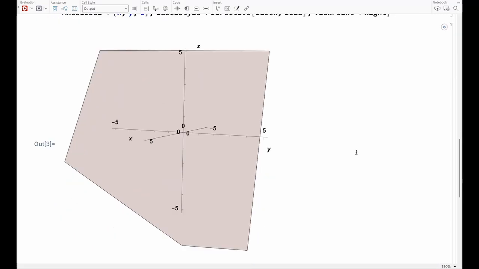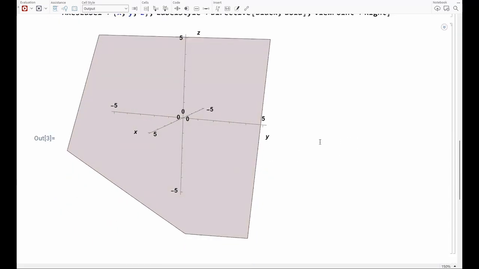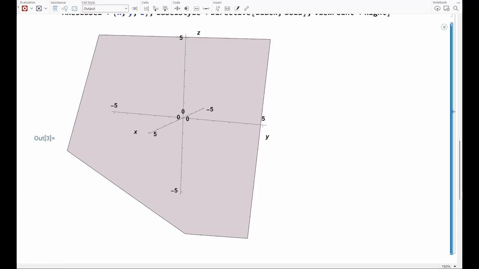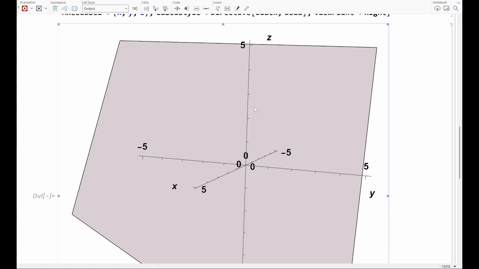Okay, sure, we'll go with that. It depends on how it's viewed. It could be light blue, because the color is changing as I rotate it. Yeah, why not? That looks good.